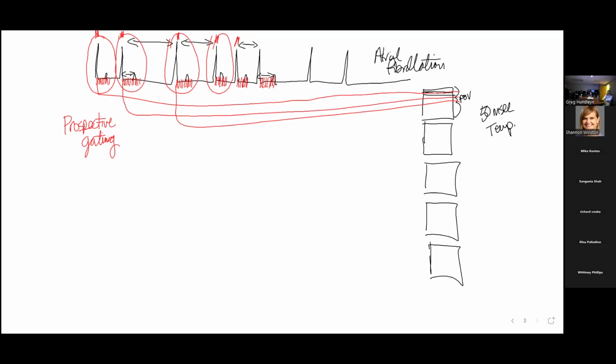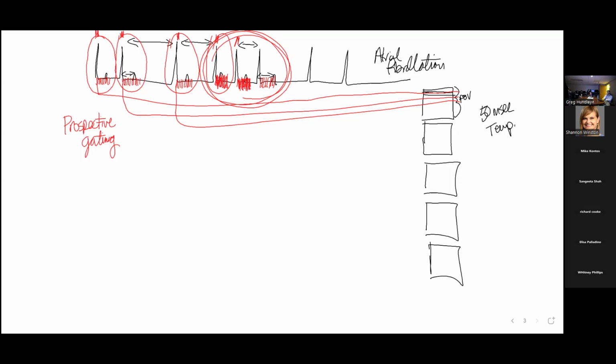And basically what you do is you look for the shortest RR intervals and you set this image acquisition piece of where you're getting these phasing codes to just occur just past that T wave. Problem solved.